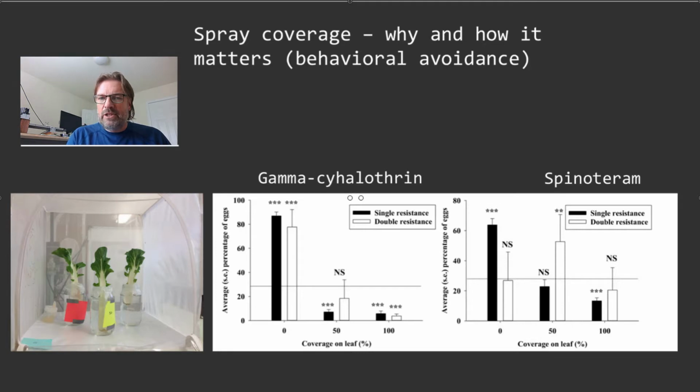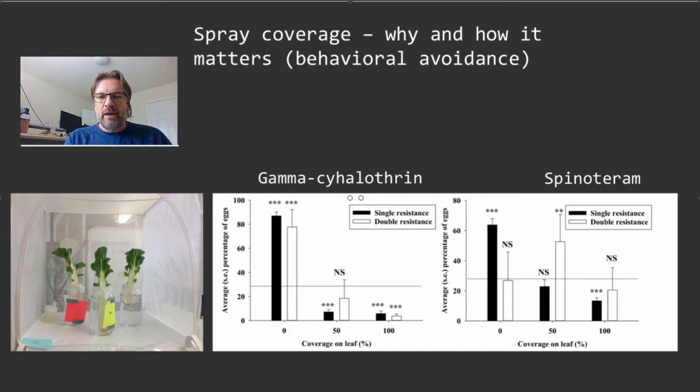So there's a correlation here between how susceptible you are as an individual and where they lay their eggs when you give them a choice between sprayed and unsprayed surfaces. And this is precisely why coverage is so important. If we don't get good coverage, we're essentially giving the target pest a choice between treated and untreated surfaces.